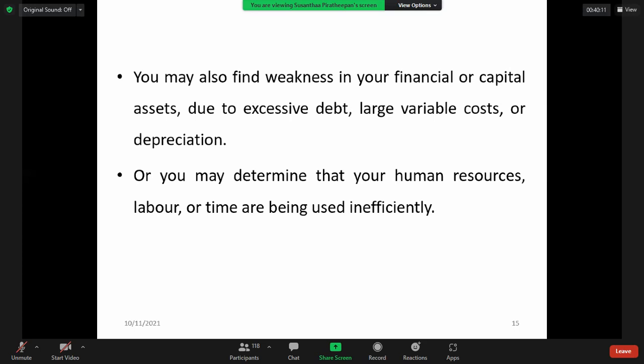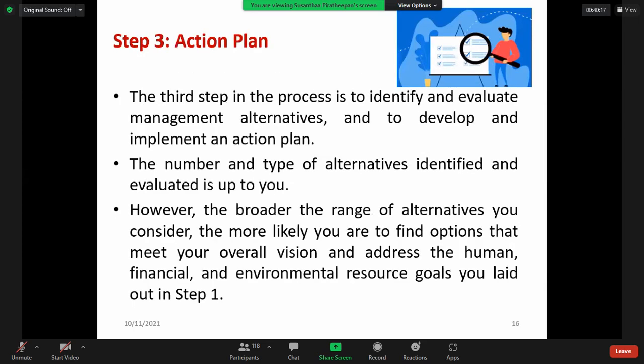And the next step is the third one, the action plan. After developing goals and assessing the inventory, we will have a plan, usually evaluating and identifying the management alternatives.